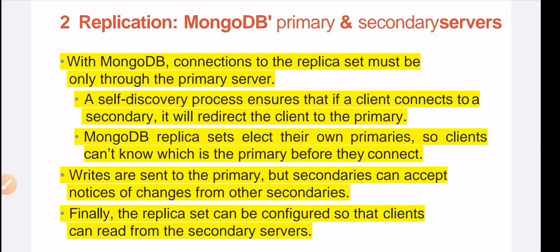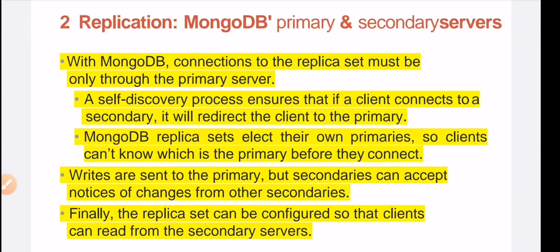A self-discovery process ensures that if a client connects to a secondary, it will redirect the client to the primary, because the client doesn't know which is the primary. So the client may send its request to any computer. If that computer or server is not the primary, that server will redirect the request to the primary first, and then the primary takes the action.